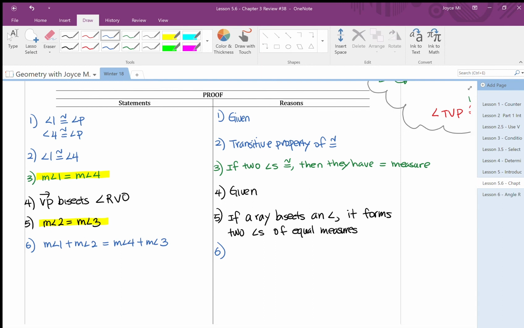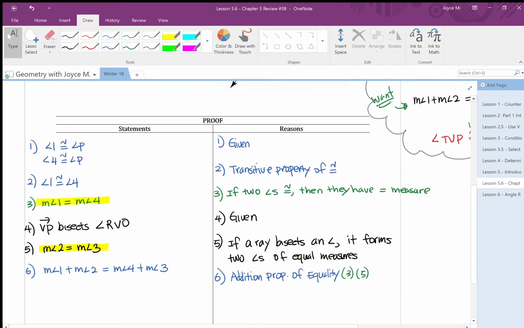So this is addition property of equality. So I say addition property of equality. I like to tell my reader which step I'm using the adding here. So I'm going to write it out. This is step 3 and step 5. Okay. Now I'm going to proceed to the next one.